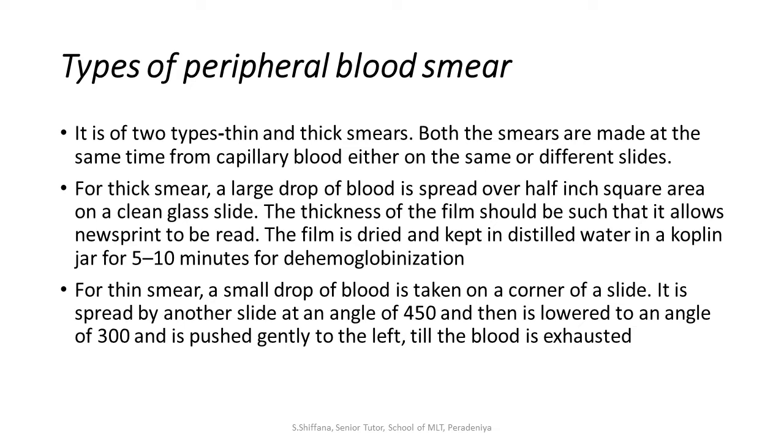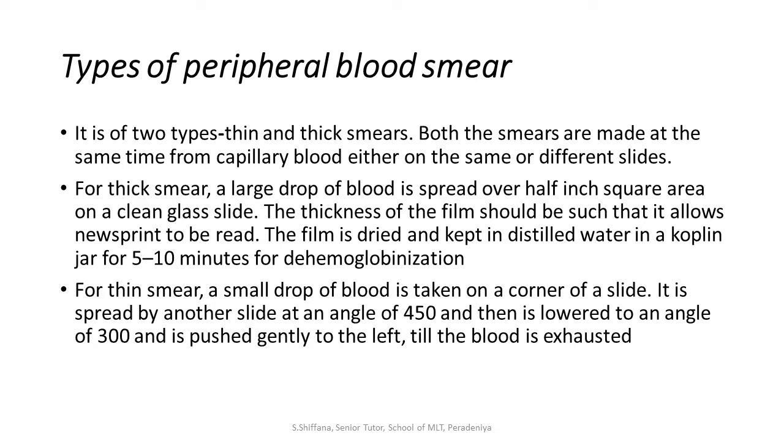Types of peripheral blood smear: if we want to identify the malaria parasite and species, we have to prepare thick and thin smears. Sometimes we can prepare them on separate slides, or on the same slide.